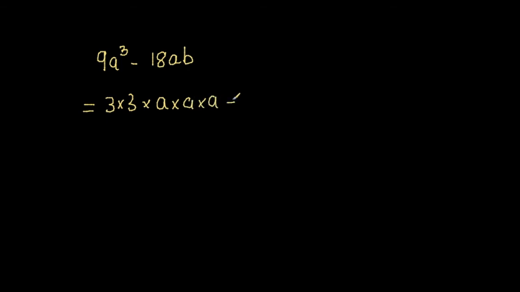Then we have minus 18ab. Now 18 is 2 times 9, and while we're breaking things down, 9 is just 3 times 3. So 18 is 2 times 3 times 3, and then times a times b.